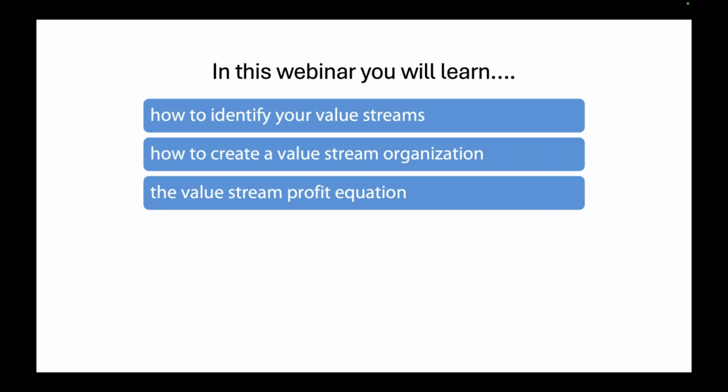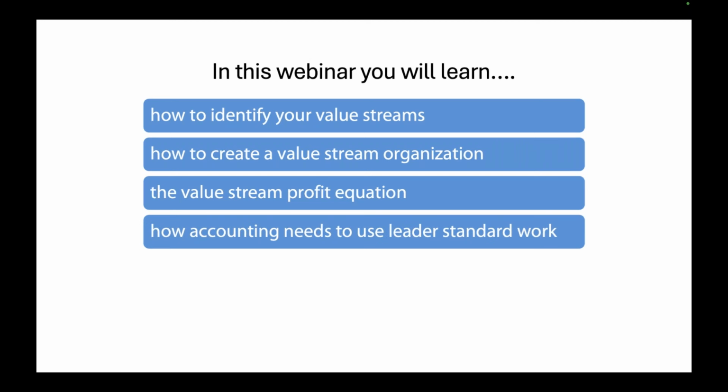From a financial viewpoint, they are the profit centers of the company. It's important to understand how they make money. How accounting needs to use leader standard work to change how it is integrated into the organization, and how accounting can become financial coaches.